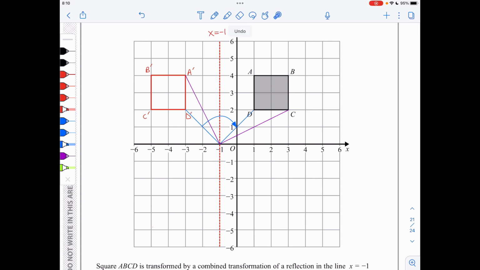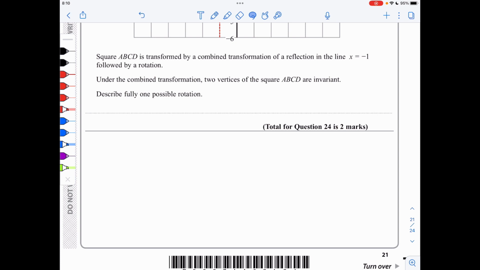Then A dash will get mapped to C through a 90-degree clockwise rotation, and proceeding like this, we see that B dash will end up at B, D dash will end up at D. So we've got 2 points that remain invariant under this rotation, and therefore we are looking at a rotation through 90 degrees clockwise about the point -1, 0.